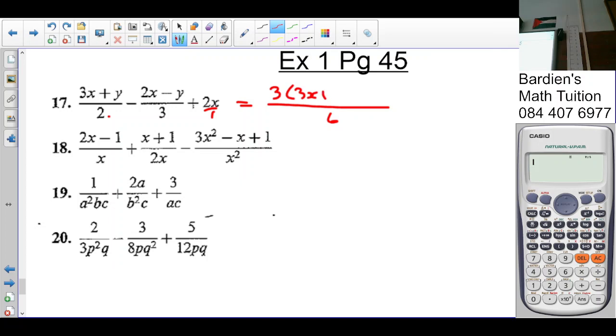So it's 3x plus y minus 2 into 2x. Okay, wait, I'm going to cut this bit. The sums are just getting a bit bigger and it's becoming more confusing, okay? What number was that? 17.